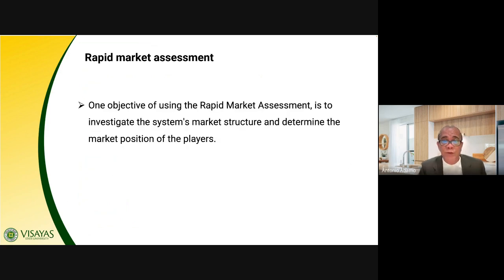Now, the objective of this RMA is to investigate the market structure and determine the position of the players. In other words, you are going to do RMA because that will position you strategically in terms of where you are going to enter, where there is not much friction in trying to enter a very dynamic market.